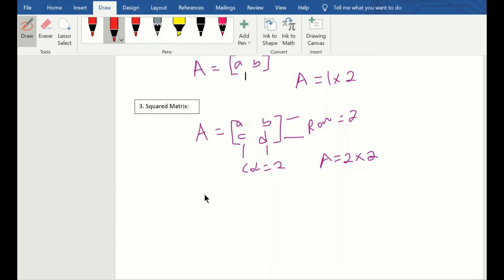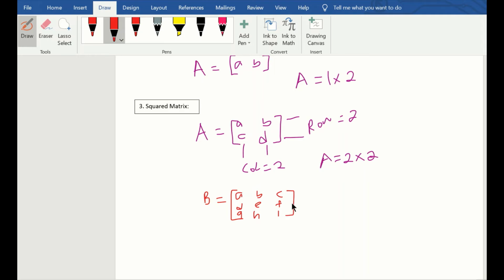For example, let me use B. I have a matrix in this form. I have A, B, C. Let me use D, E, and F. I use G, H, and I. Now, here is another example of a square matrix.